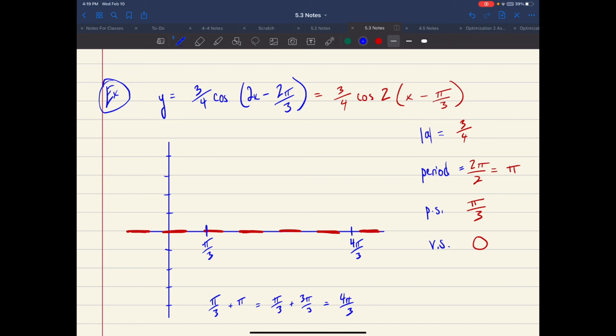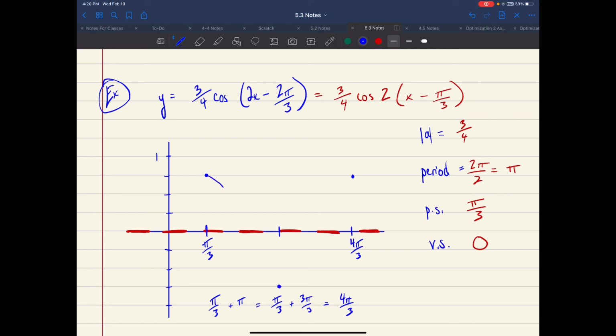Okay, so then we're going to have something between it, and we'll get those values in a second. So this is a cosine value. Its amplitude is 3/4. I will just call this 1 at the top so I can use 3 of those dots. So it's going to start at y equals 1 at pi over 3. It will repeat at 4 pi over 3, so that also has a dot. And its lowest point happens between those two.